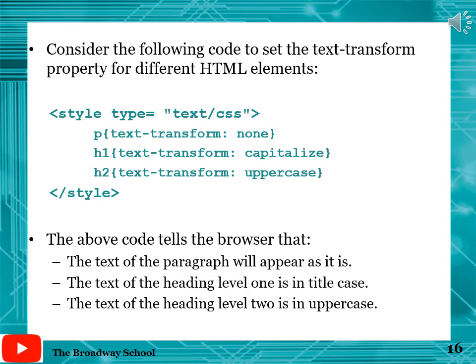P text transform none, H1 text transform capitalize, and H2 text transform uppercase. The above code tells the browser that the text of the paragraph will appear as it is. The text of the heading level 1 is in title case. The text of the heading level 2 is in uppercase.